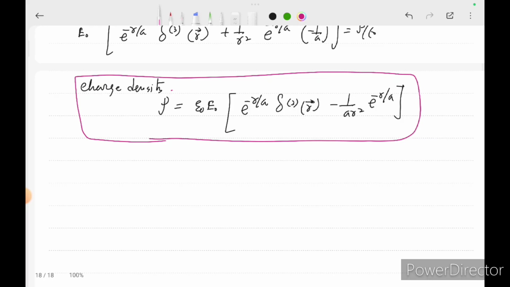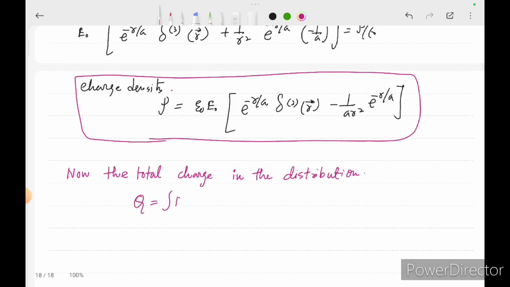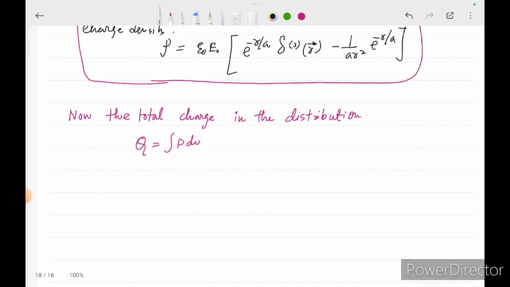Now the total charge in the distribution is Q equals the integral of rho dv.